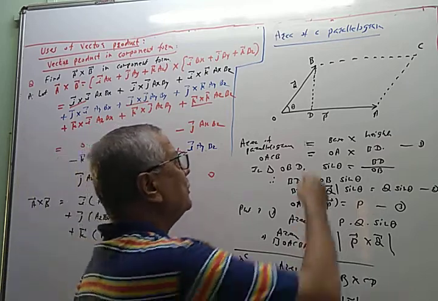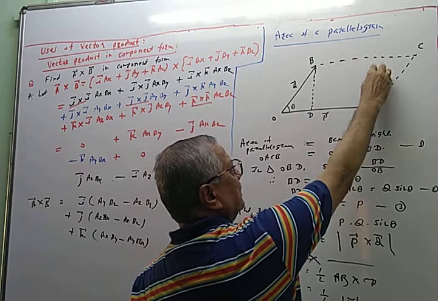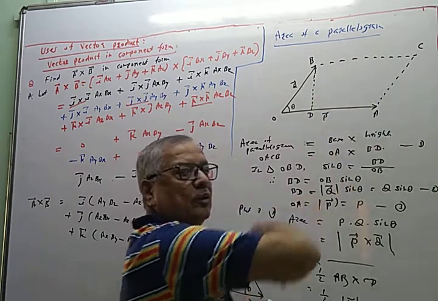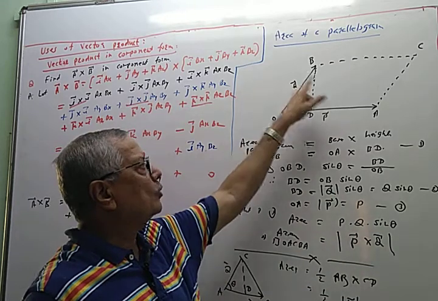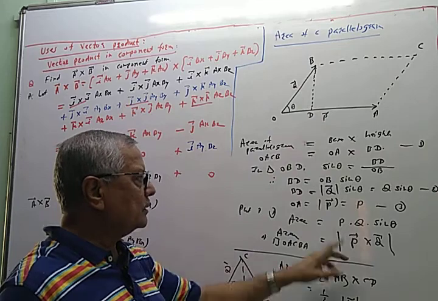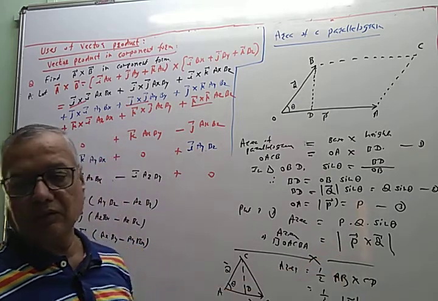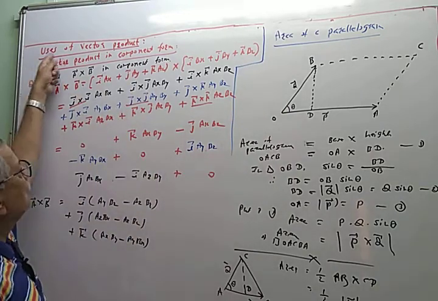Actually, if we join this, then area of this triangle plus area of this triangle is equal to area of the parallelogram. So area of the parallelogram is equal to 2 times the area of the triangle OAB, and therefore area of the triangle is equal to 1/2 of the area of the parallelogram. So these are the two uses of the vector product.